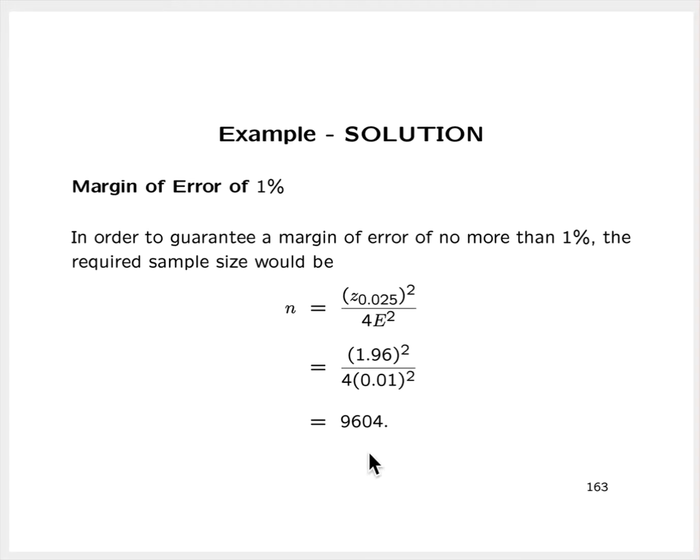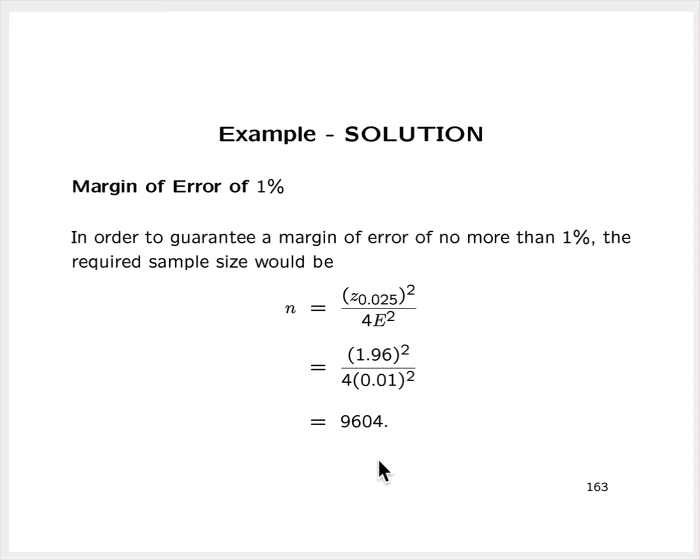Now, that seems like a large sample size, and it really is. But when you consider that we've not said anything about the size of the population, this procedure could be used if we were talking about, for example, a presidential election, and so there are millions and millions of voters. So this is a very small proportion of the overall voting population.